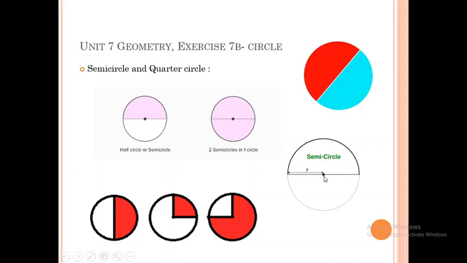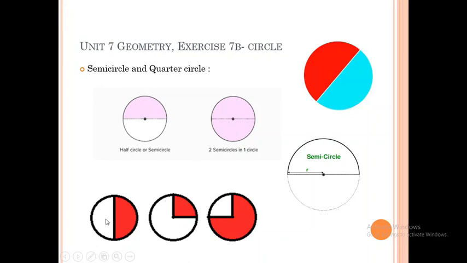See here, this is a diameter, and when you draw this diameter, the circle has divided into two equal parts, and each part is called a semicircle. Here you can see this pink one and this white one. Here you can see this diameter is dividing the circle into two equal parts. Each part is called semicircle.